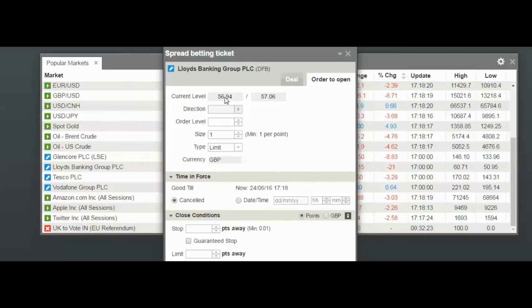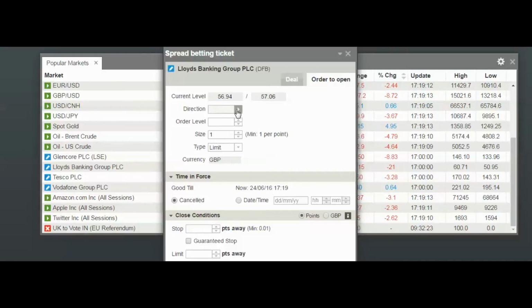So around 40 pence, 40.94. Right, well, I'm prepared to risk that much, so in that case I'm happy to put more than £1 per point on. What I'm prepared to do is risk £300.